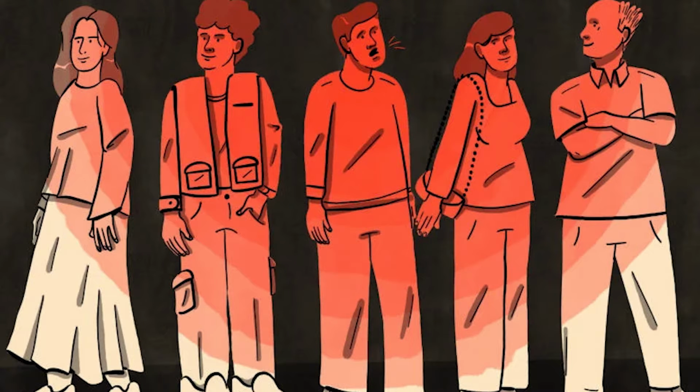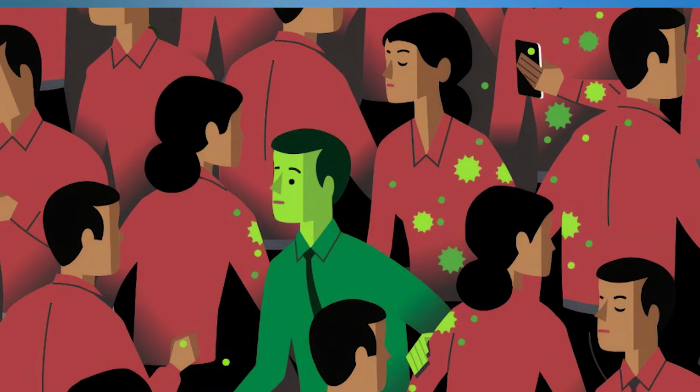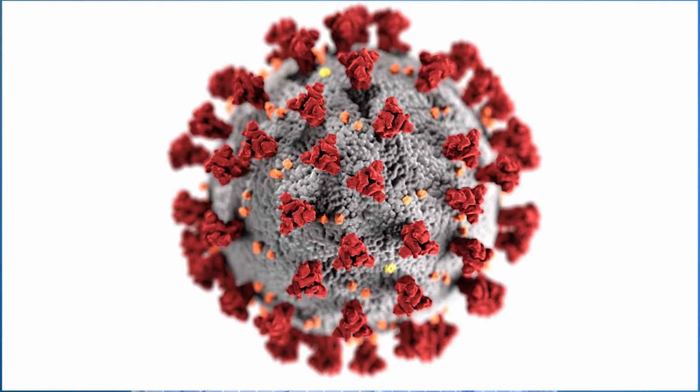Other people contracted the virus but were asymptomatic, meaning that they displayed no visible symptoms. These people were only carriers of the virus and could transmit it to others, although they were not sick from it themselves.